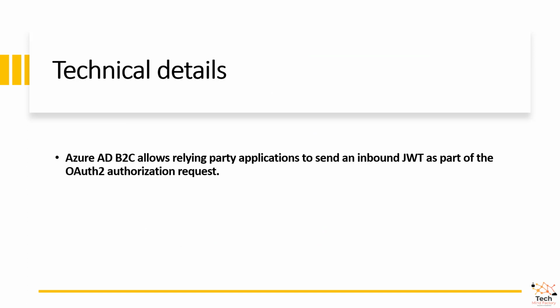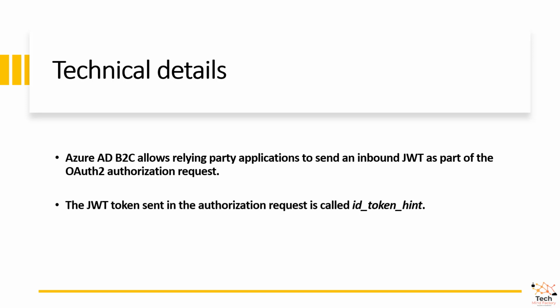Azure AD B2C allows relying party applications to send an inbound JWT as a part of the OAuth 2 authorization request. So Azure AD B2C allows relying party applications to send inbound JWT tokens. And this JWT token sent in the authorization request is called ID token hint. So this is like a hint for Azure AD B2C to discover the identity of the user.